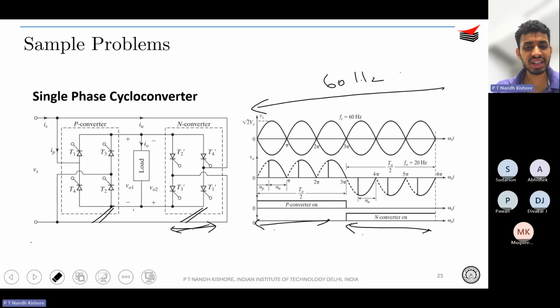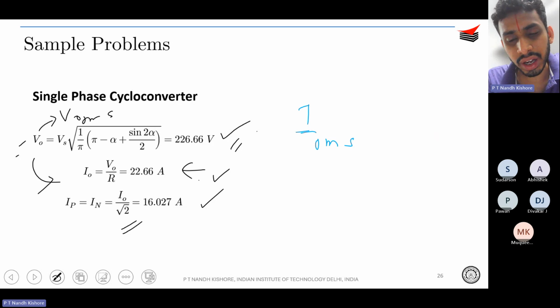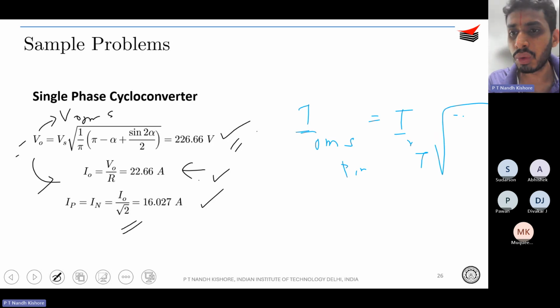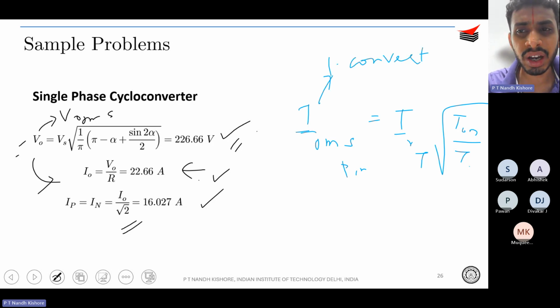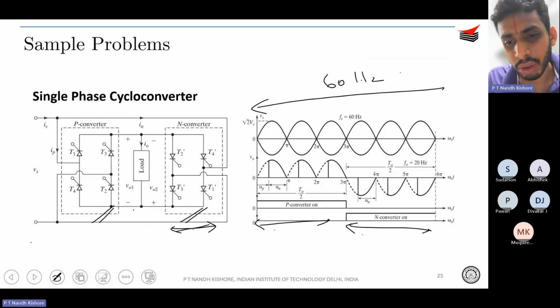So you understand what your RMS is. If you know the full current, the RMS of one converter, whether I call it P or N, is I RMS total into root over T on by T. So I RMS of one converter is I RMS total into root over T on by T. I RMS total is V naught over R, 22.66, into root over T on by T. Each converter is on for half the time period.